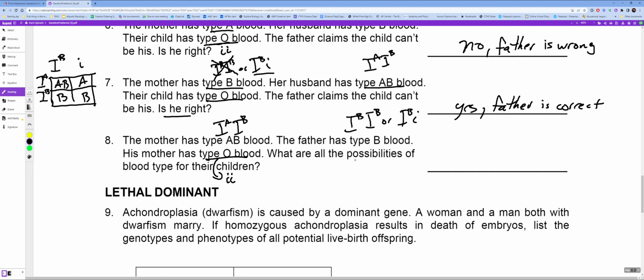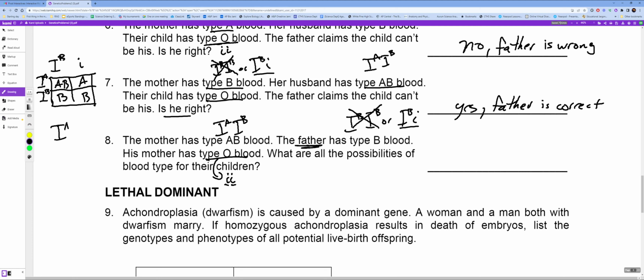What are all the possibilities of blood type for their children? So if this person's mother had type O blood, she had to give him one of these alleles, and the only possible allele that could be is a little i. So we know, since this father had a mother who was type O, she had to give him a little i allele. So now we know the genotypes of both parents.